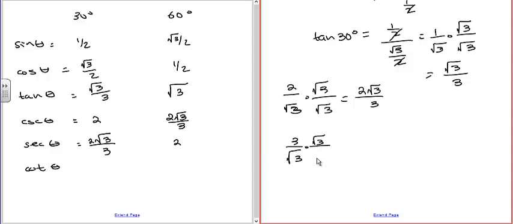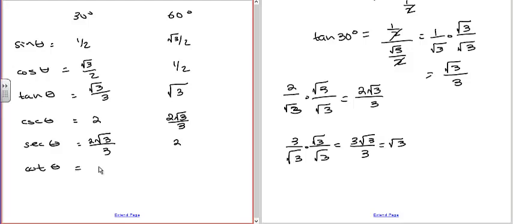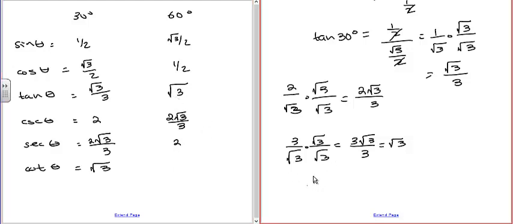So you multiply by the square root of 3. So this becomes 3 times the square root of 3 over 3, which is just the square root of 3. So this becomes the square root of 3. And likewise, if you take the reciprocal of that, you get 1 over the square root of 3. So you get the square root of 3 over 3.